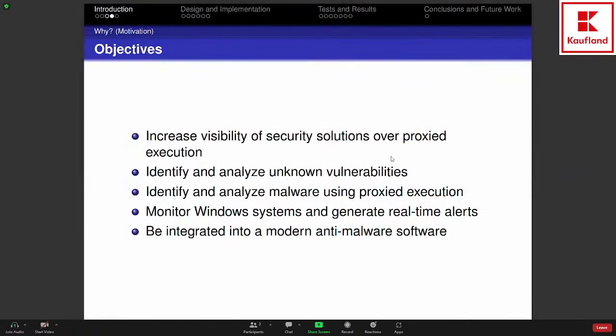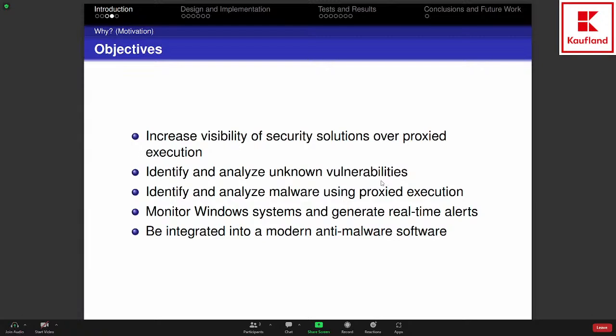Okay, so our objectives were to increase visibility on such scenarios because they're an important step to see what the malware does during an attack. Furthermore, we wanted to implement something that is able not only to detect malware attacks, but also identify patterns in applications which might make them vulnerable to these kinds of proxy execution attacks.